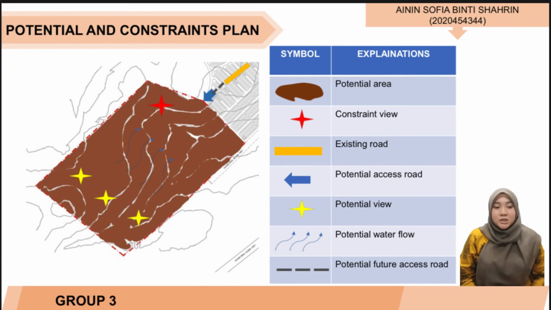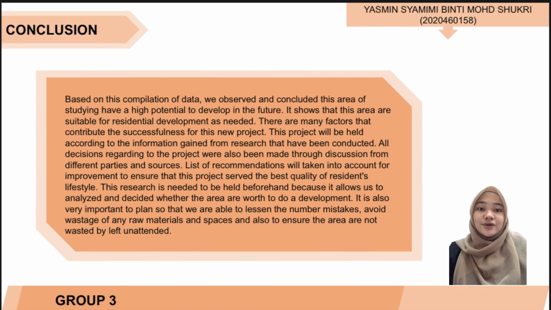This slide shows the potential and the constraint areas at the site. Based on this compilation of data, we observe and conclude this study area has a high potential to develop in the future. It shows that this area is suitable for residential development as needed.